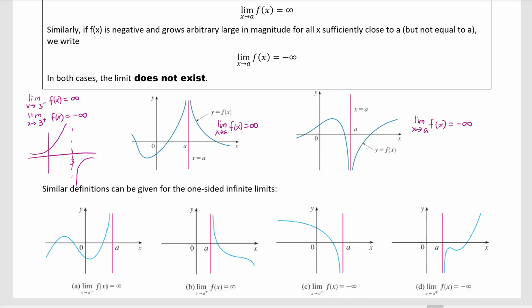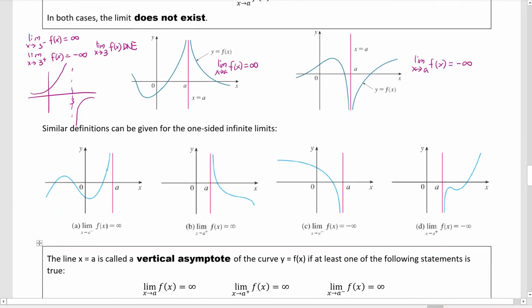And you can see infinity and minus infinity are like heaven and hell, so different. So that's why we would say the limit as x goes to 3 of f of x does not exist. Okay, everybody? Because the two one-sided limits do not agree. So we say the limit at 3 does not exist.